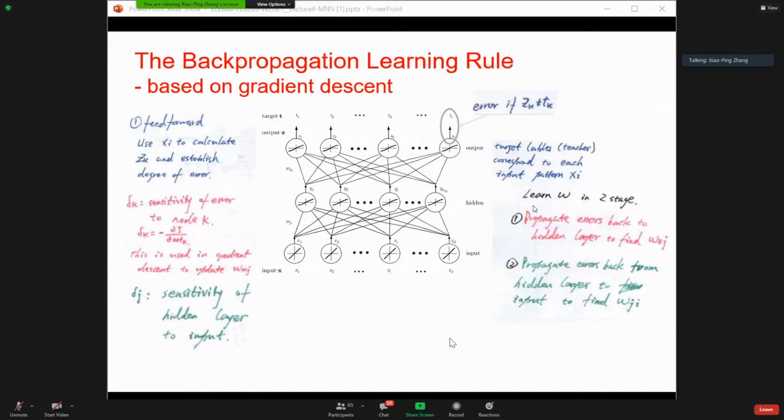But assuming it's the J minus 1 layer, then you can still propagate to the J minus 1 layer as delta J minus 1, right? The whole idea is this chain rule, okay.